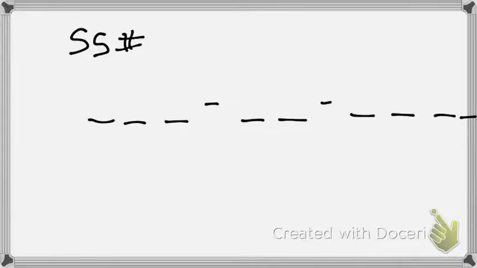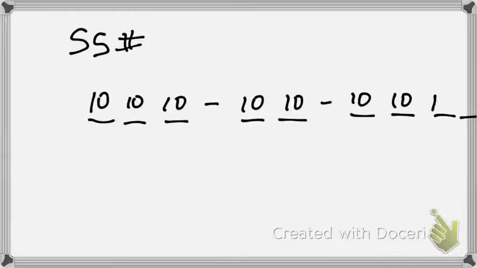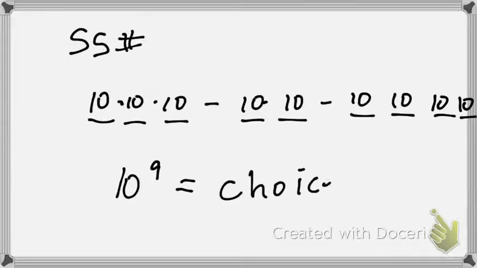So there are 10 ways that each of these blanks can be chosen, which gives us a total of 10 to the 9th different choices for social security numbers, right?